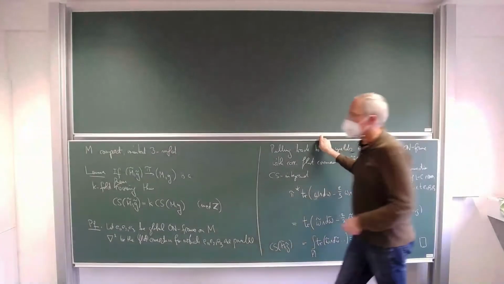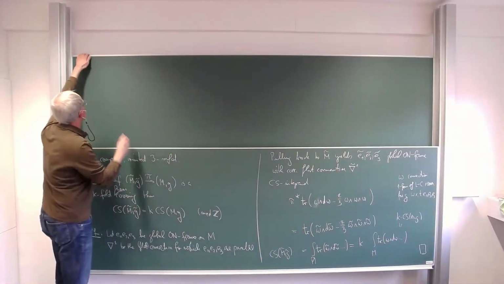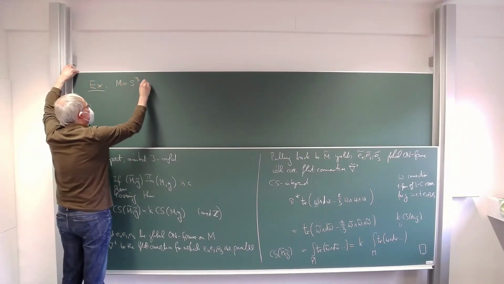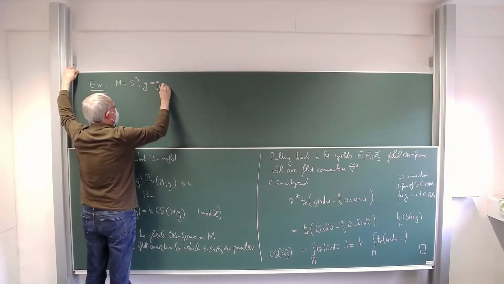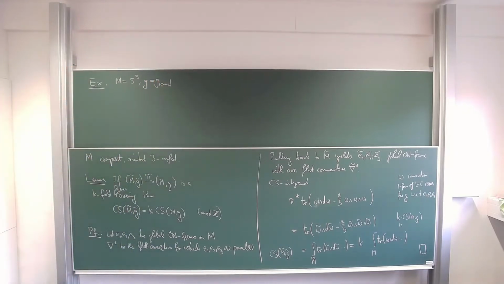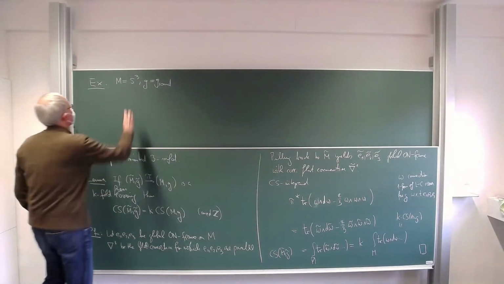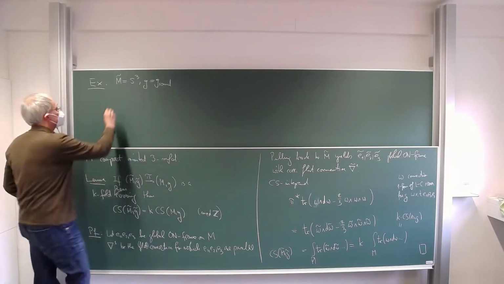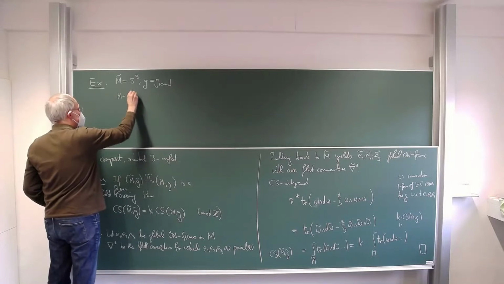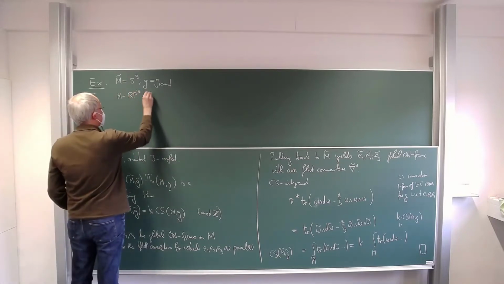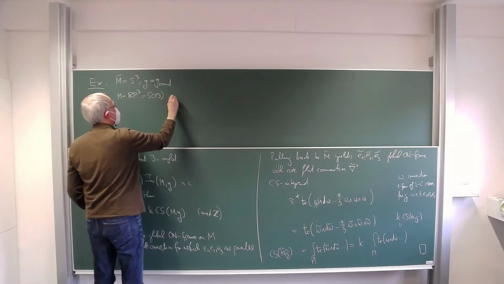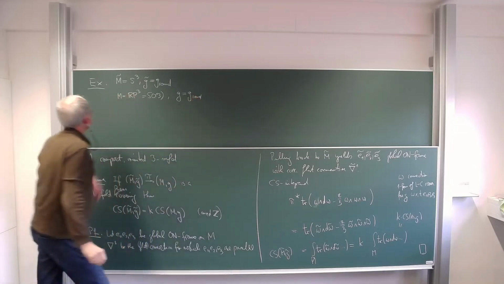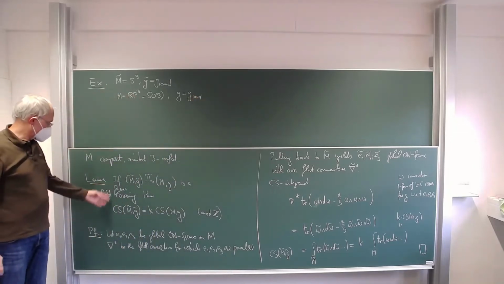All right, and let's write an example. Look at the manifold M tilde equals S3 with the usual round metric, curvature 1. That's actually, in this setup, my manifold M tilde. And for manifold M, I take RP3, which remember is the same as SO3, also with the round metric. So that's a twofold Riemannian covering.